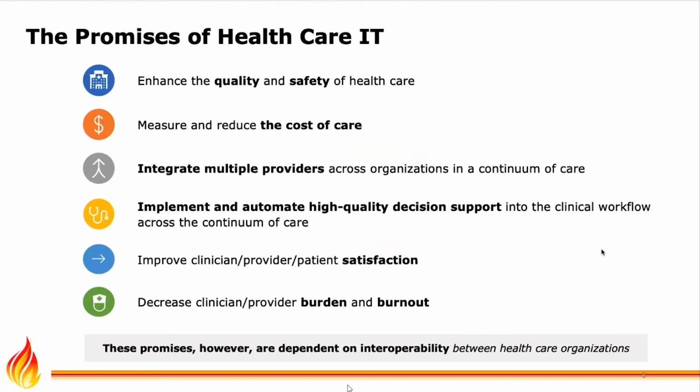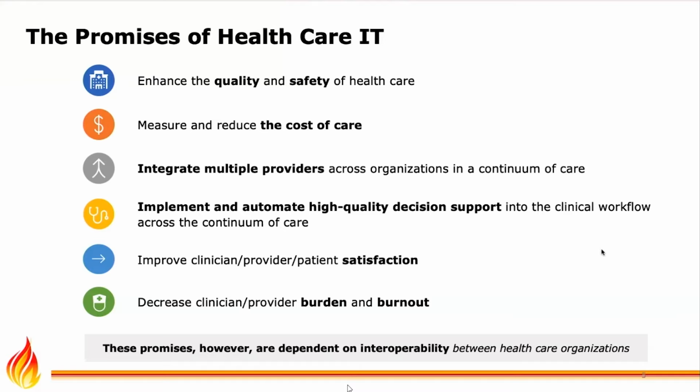Those of us who are working in IT know that we have a lot of expectations of these tools that we're working on. We expect that using IT in healthcare is going to help us enhance the quality and safety of our healthcare. We want to reduce the costs, and we think we can integrate the care across multiple providers and multiple sites. We think that we can help with decision making and managing all the data and information that's coming into us by helping with decision support.